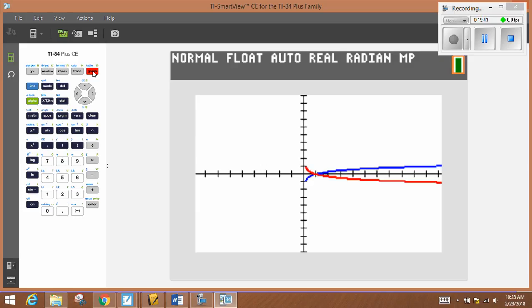It reflects it. There it is. So if you're ever not sure, just graph that little piece, just like we've been doing. All right?